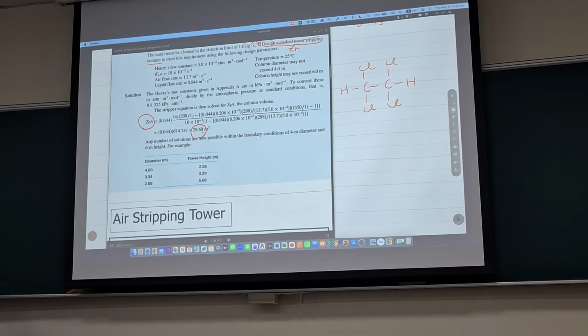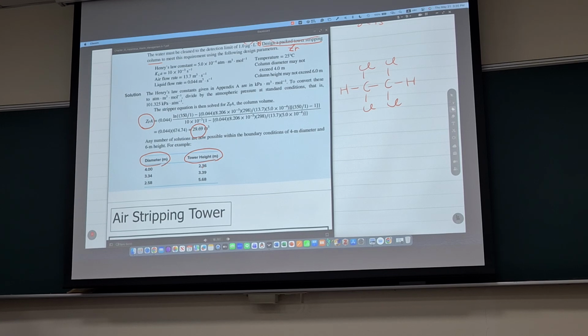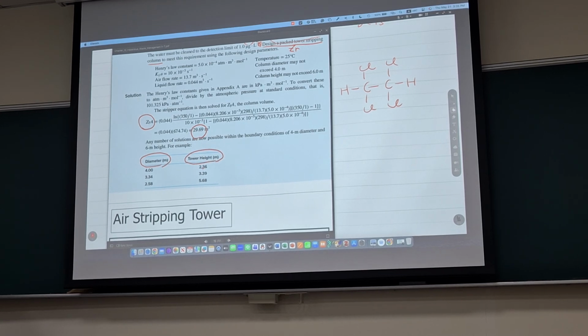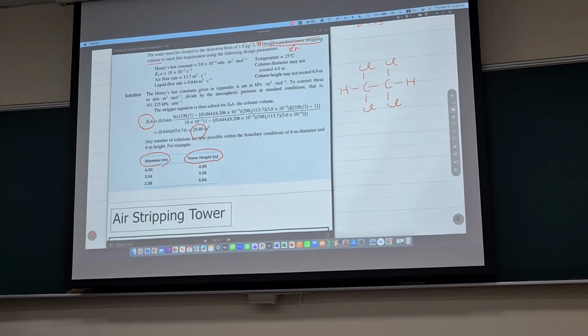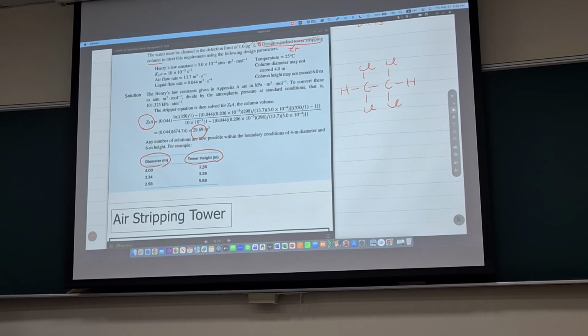Students, take a look: by changing the diameter, you can change the tower height. If you don't want your tower too tall, you can enlarge the diameter.